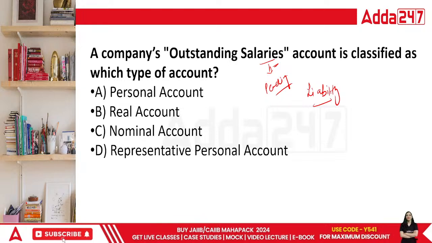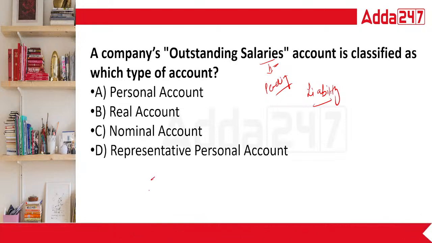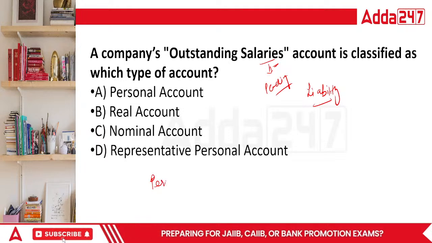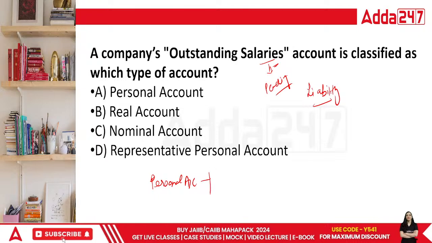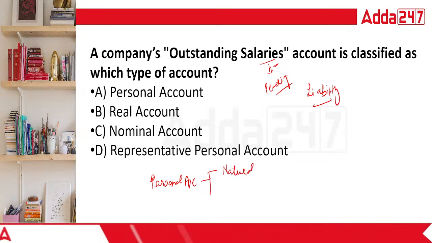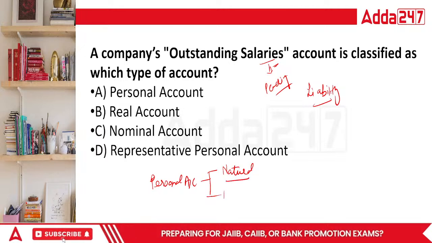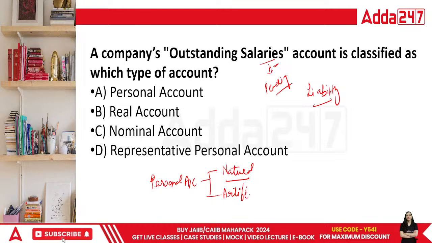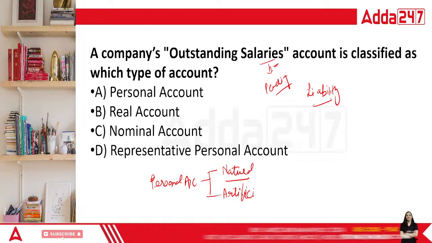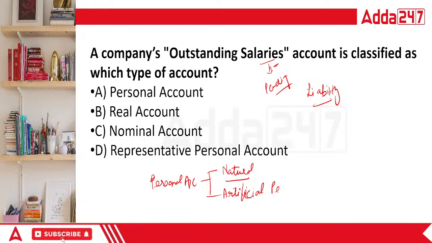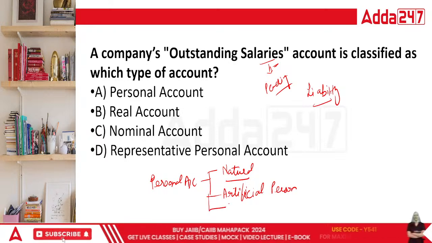Personal account has three different types, everyone. We have the natural person like you and me, the one who breathes. Then we have the artificial person.